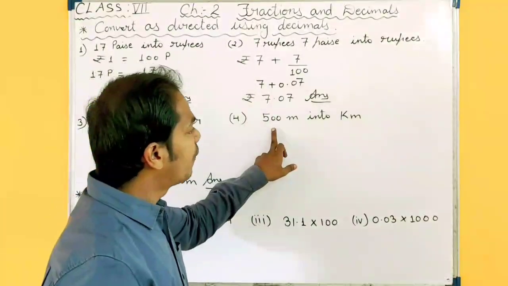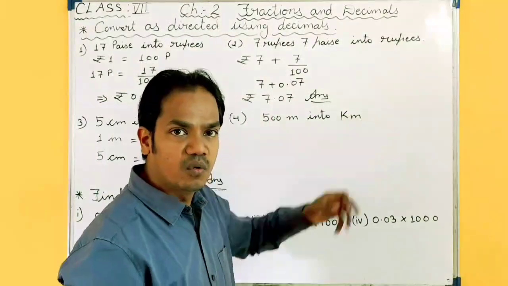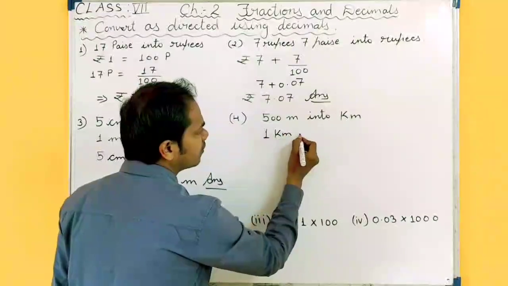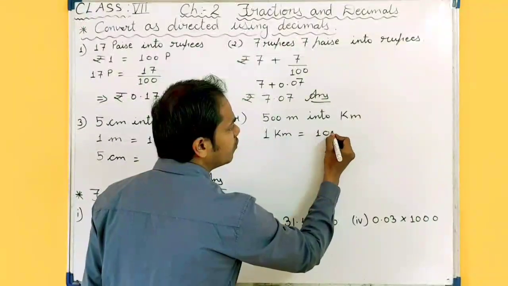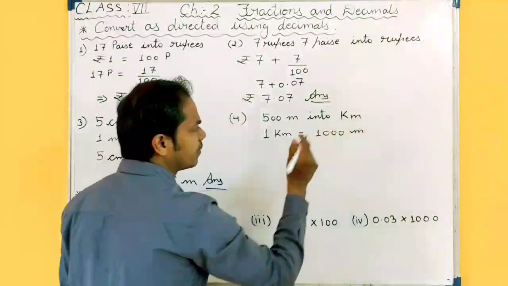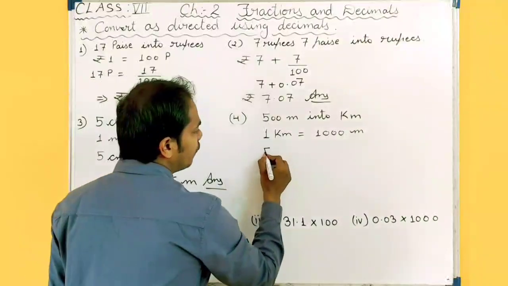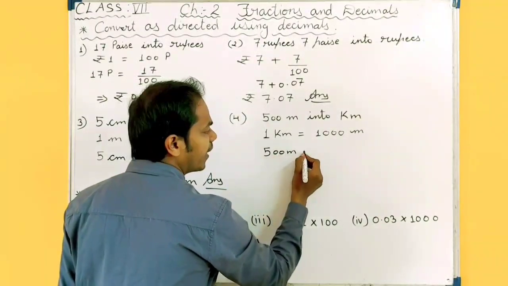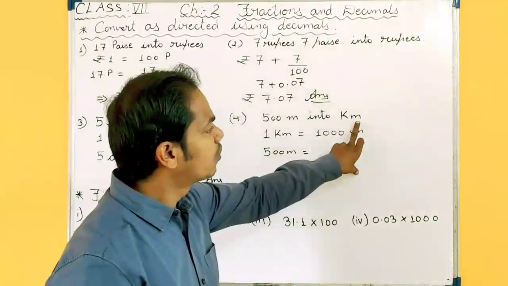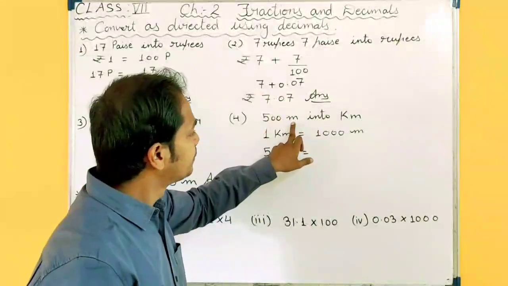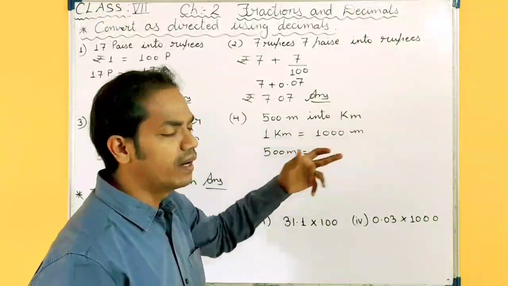I have converted this into meter. Again 500 meter into kilometer. We know that 1 kilometer is equal to 1000 meter. So 500 meter, again same thing. To convert it into kilometer, divide by 1000, and to convert kilometer into meter, multiply by 1000.